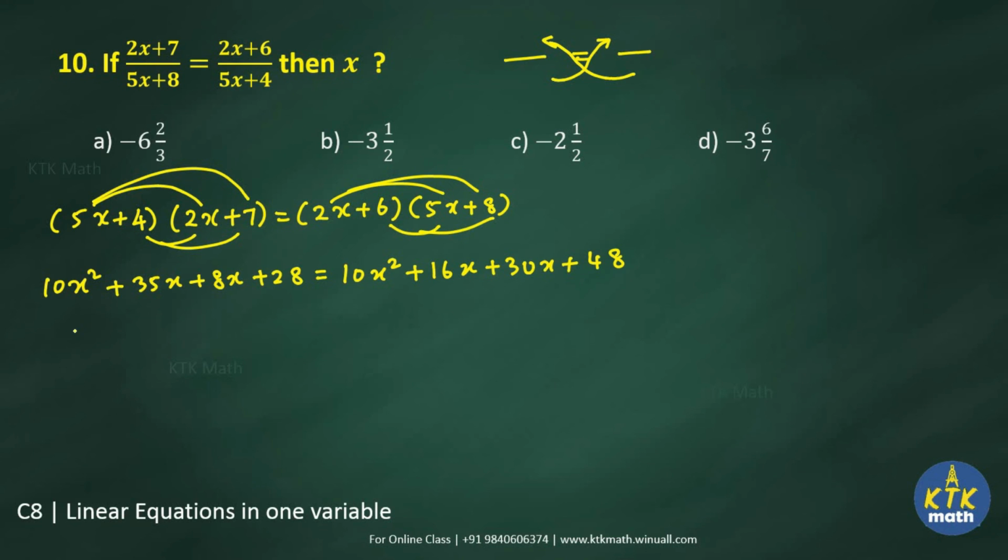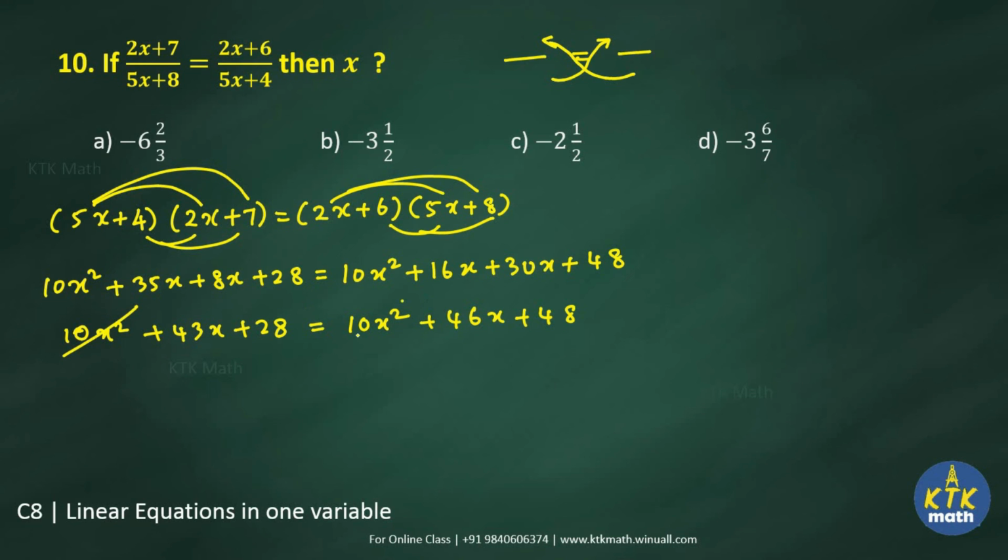Now to simplify the terms, you have 10x square plus 43x plus 28 is equal to 10x square plus 46x plus 48.